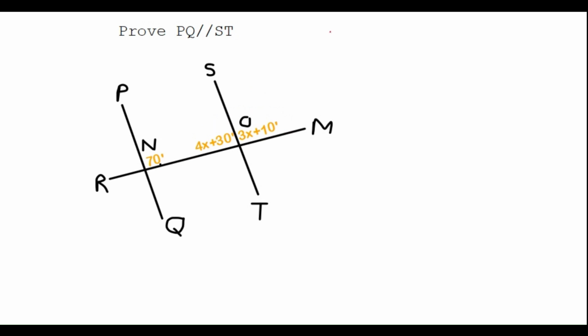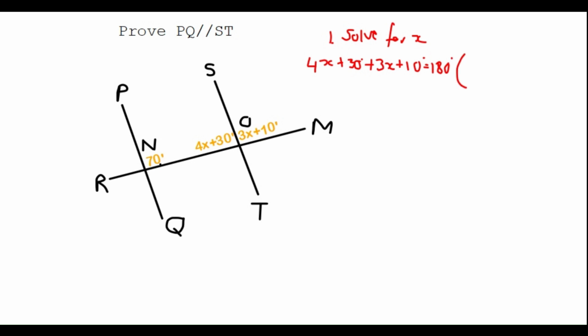So if I add them, they should give me 180 degrees. So let's write that down. It's our first step. We solve for x, our unknown. So I'm going to say the 4x plus 30, that's the one angle, plus the 3x plus 10, that's the other angle, should give me 180 degrees.